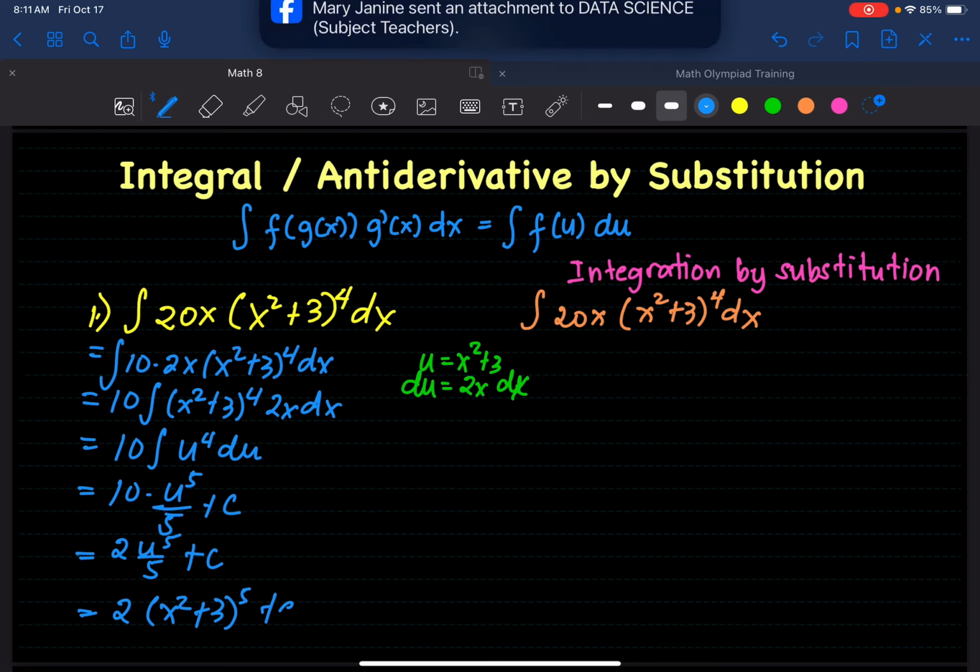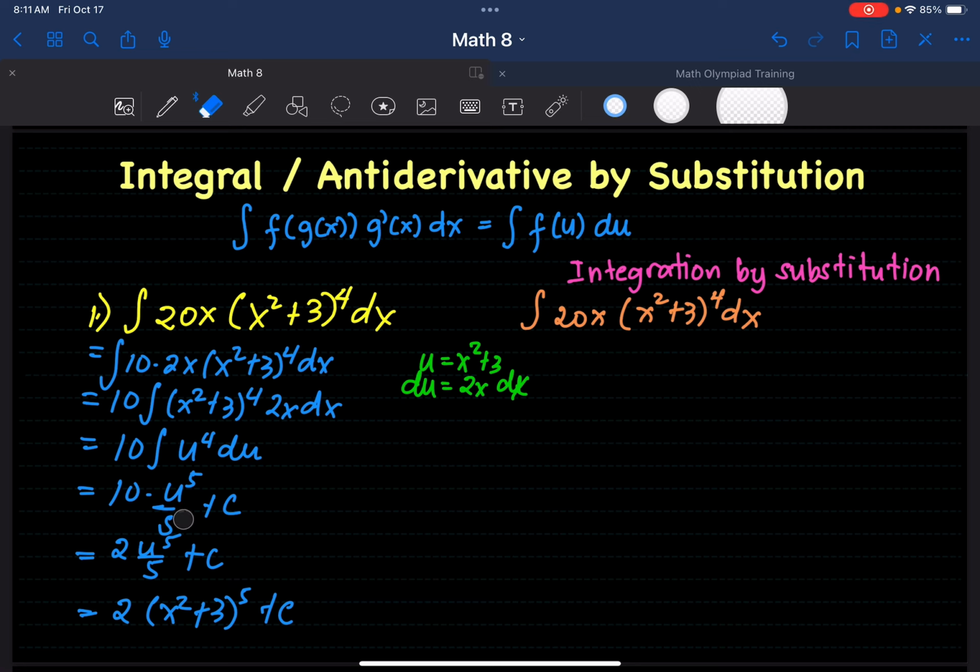Okay, I made a mistake. It should be u raised to 5 only, because 10 divided by 5 is 2. Okay, and substitute x squared plus 3 to u. And this is the final answer.